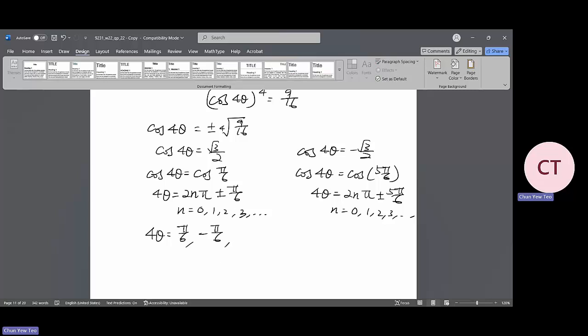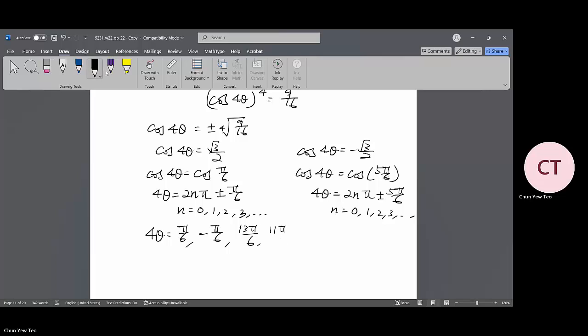But we do not want negative, so it will be 2 pi minus pi over 6. Then if you put 1 inside, 2 pi, 12 pi over 6, 11 pi over 6.